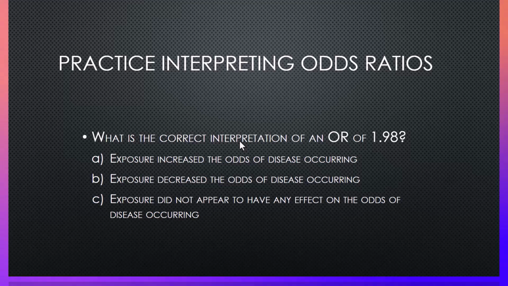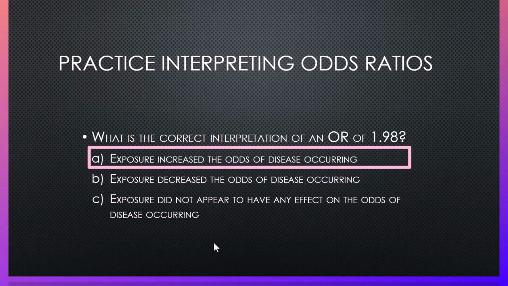Or C, the exposure did not appear to have any effect on the odds of the disease occurring. A is correct, that this exposure is a risk and increases the odds of the disease occurring.